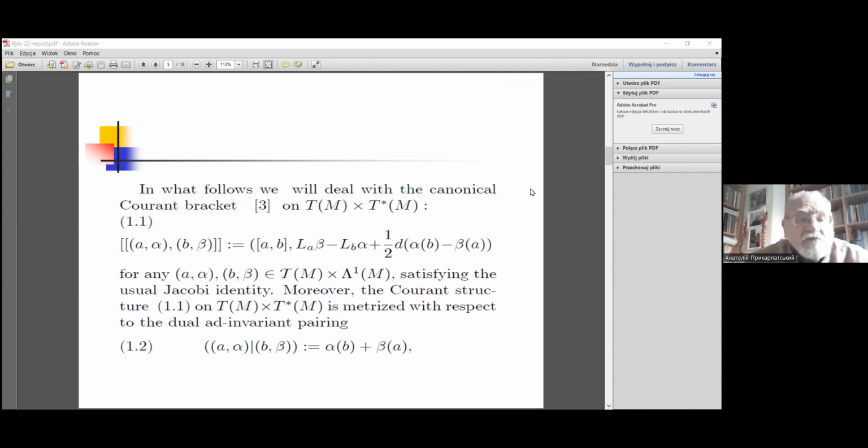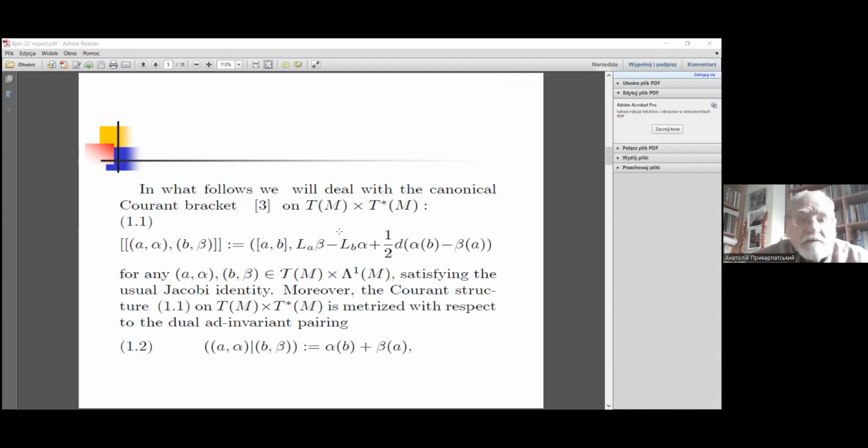So we have a pair of two elements. The first one will be considered as a section of TM, a vector field on the manifold, and the second component alpha will be considered as a differential form from the Grassmann algebra, lambda 1.